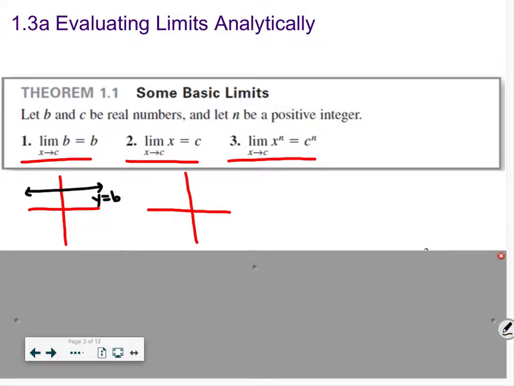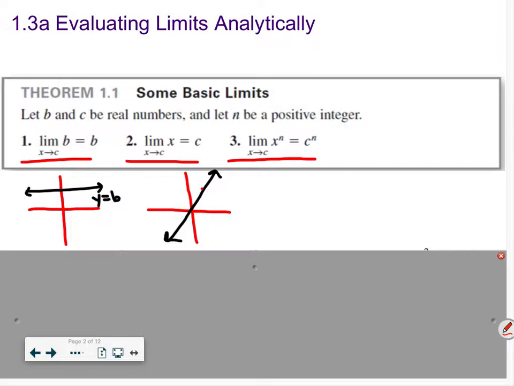Y equals x. No matter what limit we're talking about, the y value is going to be the same as the x value, right? All of these coordinates are x, y, x, y, x, y, 1, 1, 2, 2, 3, whatever. So whatever this value is that we're approaching, the y value is the same thing. So if I ask you for the limit towards 1, the y value is 1.